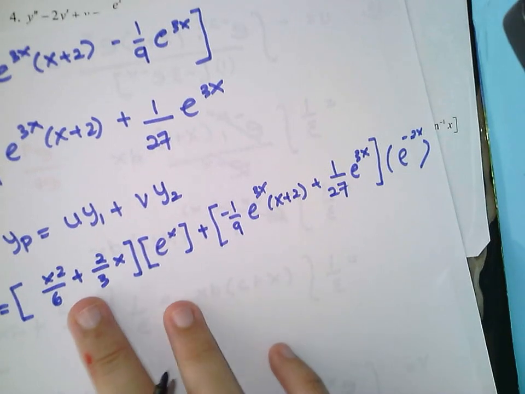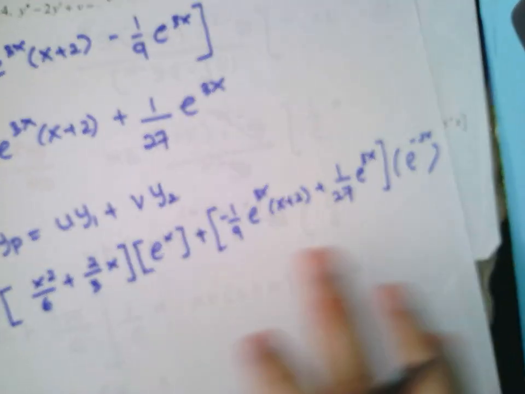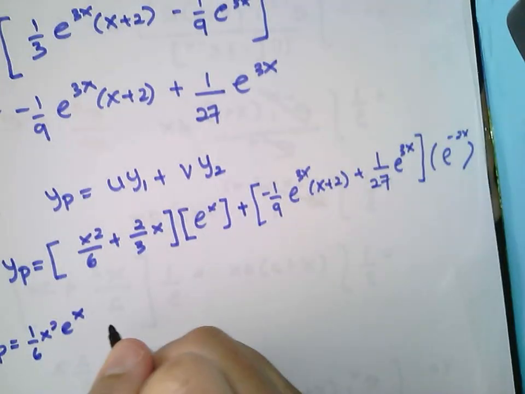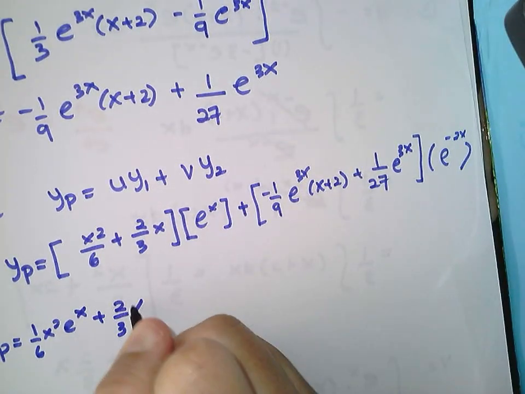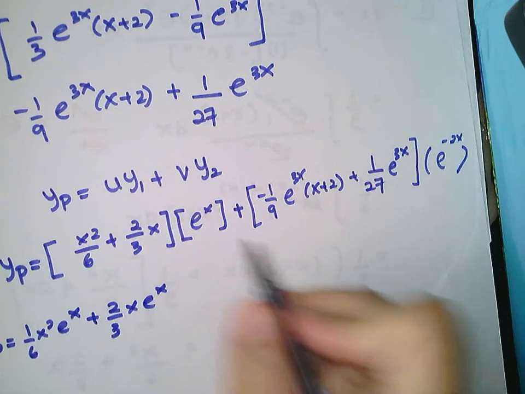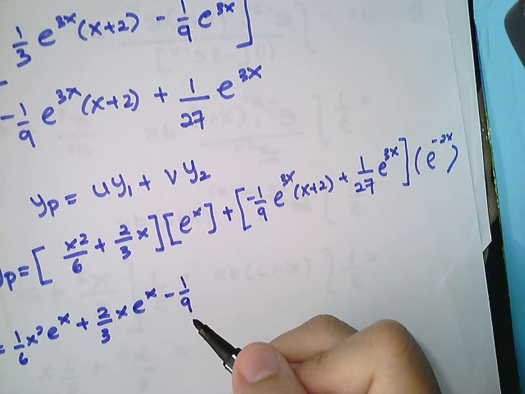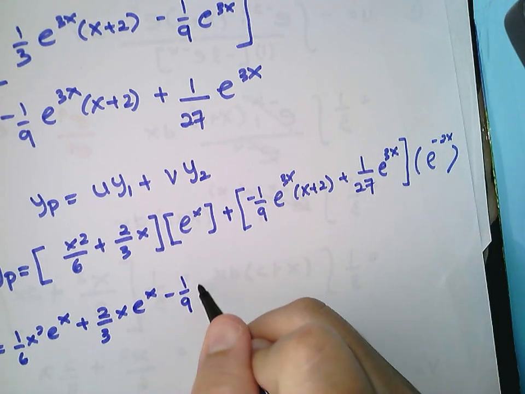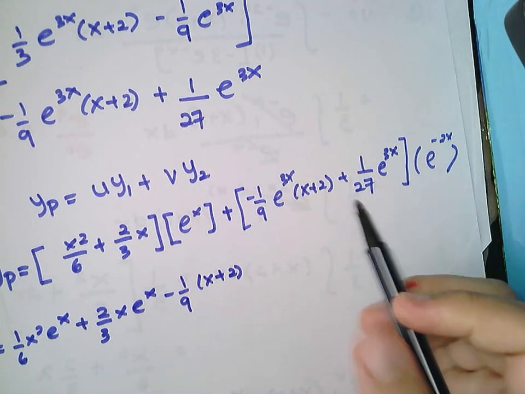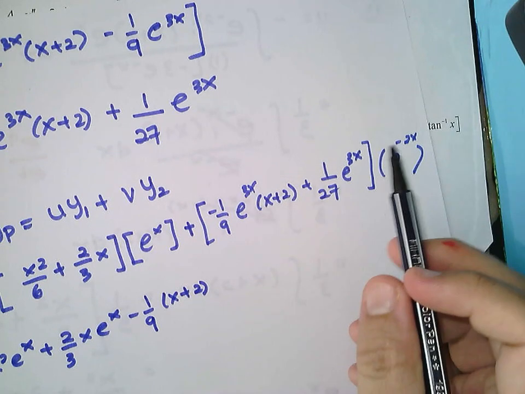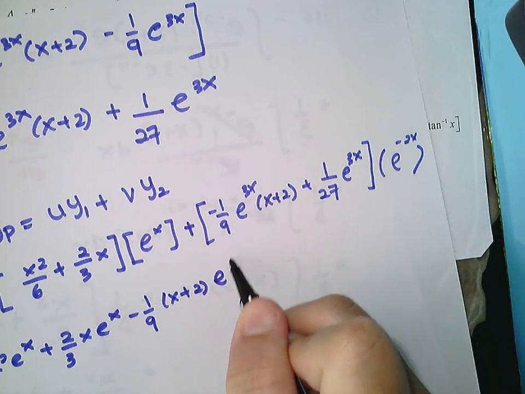So expanding this whole expression will give you yp equals 1 over 6 x squared ex plus 2 over 3 x ex minus 1 over 9, x plus 2. This one here is exponent times exponent, so we add the power: 3 minus 2 will give you ex.